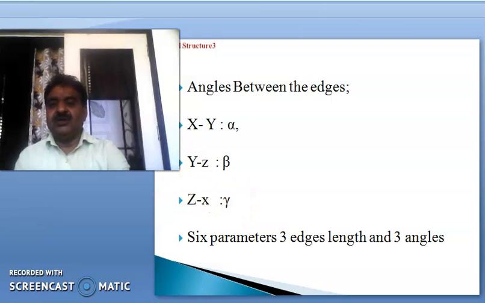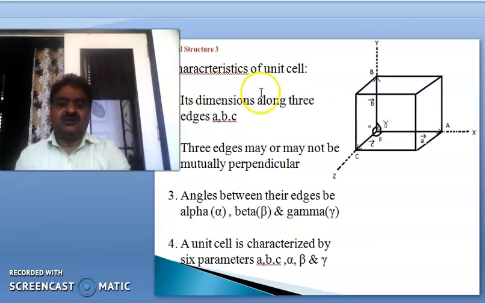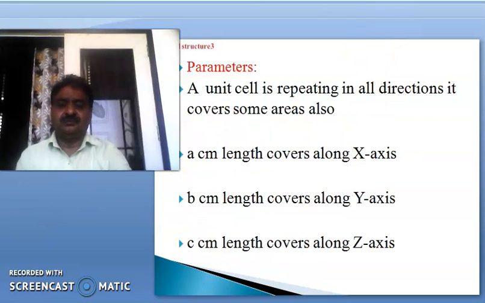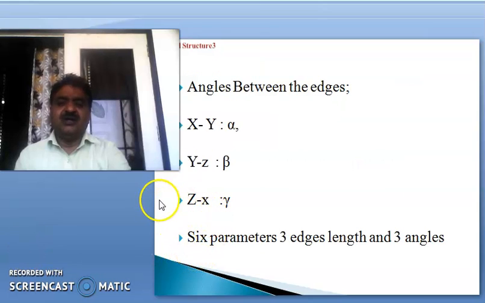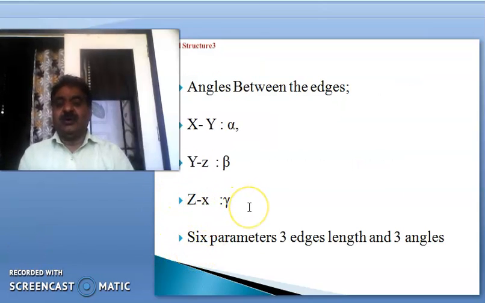The angle between the x and y axis is, suppose, alpha, y and z beta, and x and z again gamma.